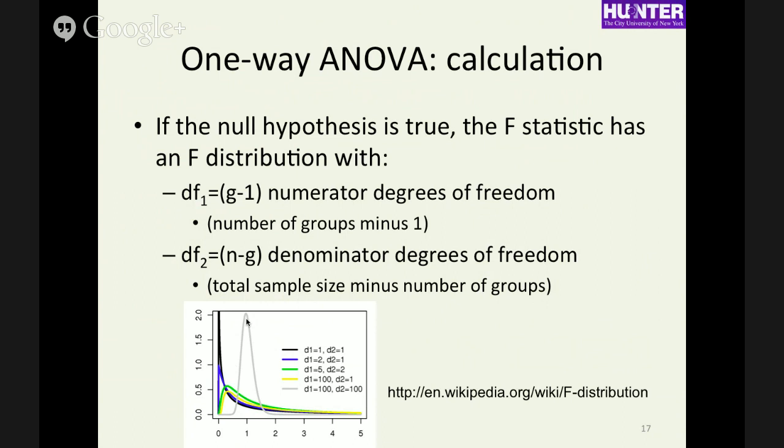Now, here's something that's a little different about the F distribution compared to the T and the Z, but similar to the chi-square. Where do you think you're going to reject the null hypothesis if you calculate your F statistic and put it on this distribution? Let's take the gray one, the 100 and 100.